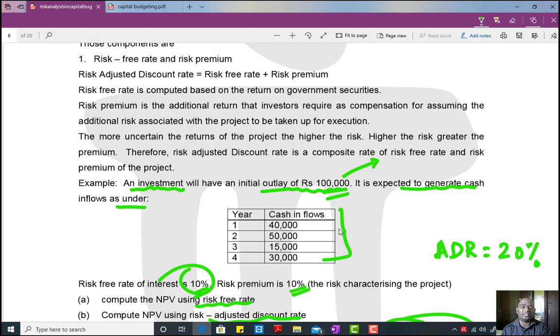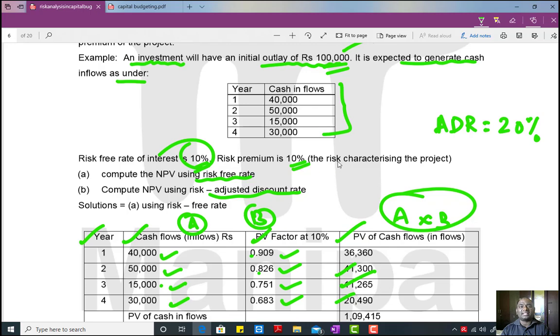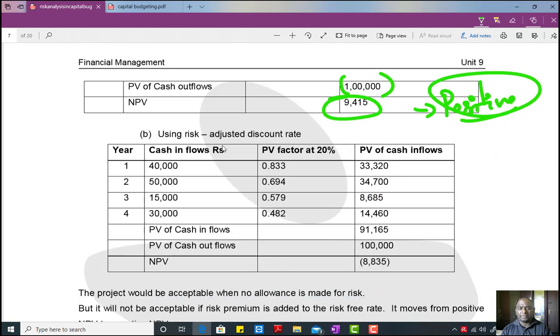Suddenly there is inflation. Suddenly something happens to my board of directors or my employees. Machinery will break down. There are so many factors involved in the future that I will not be able to predict with certainty. So what did I do? For all those risks, I added a 10% premium and started discounting at 20%.